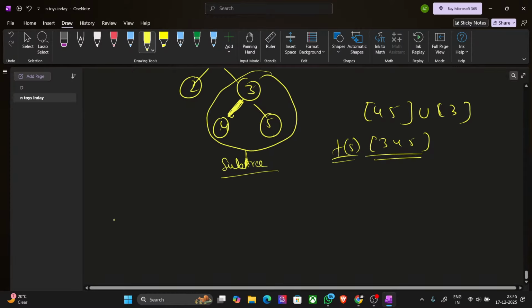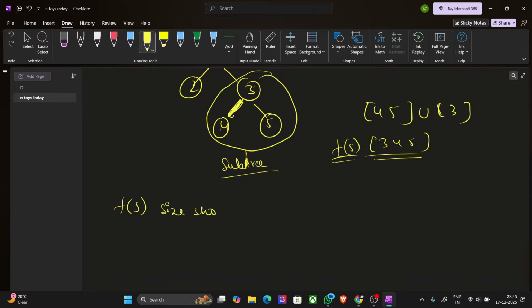And also we are asked that the Fs size should be minimum.